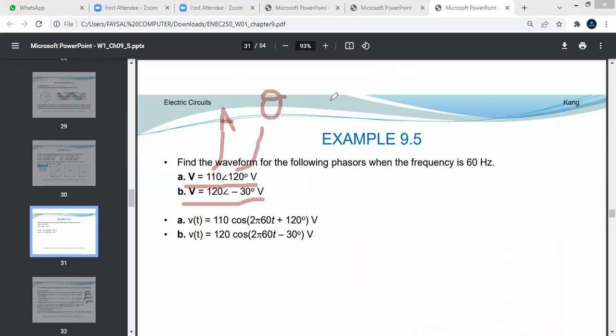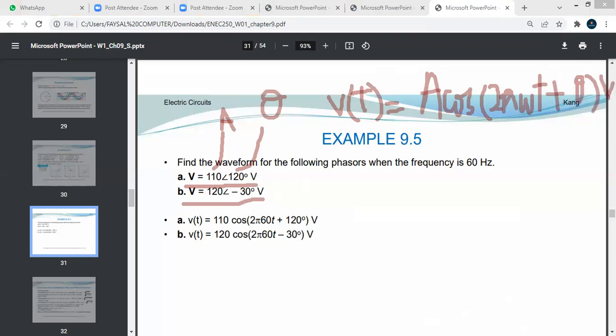So the general form is my V with respect to time t, and this will be written as A cos 2 pi omega t plus theta, into the value of V.